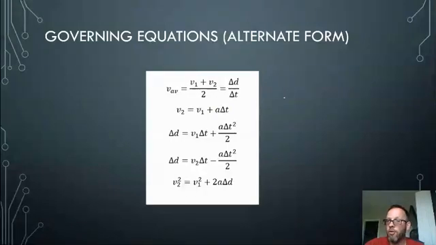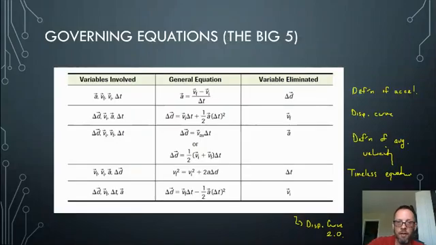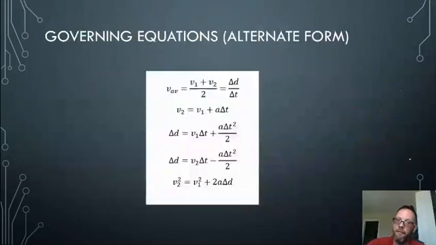And the equations may look a little bit different. For example, this first one is my average velocity equation. You can see that one shows up in the third one on this page here. But they're the same equation, just average velocity, just in a different form. And then I have my definition of acceleration just rearranged.